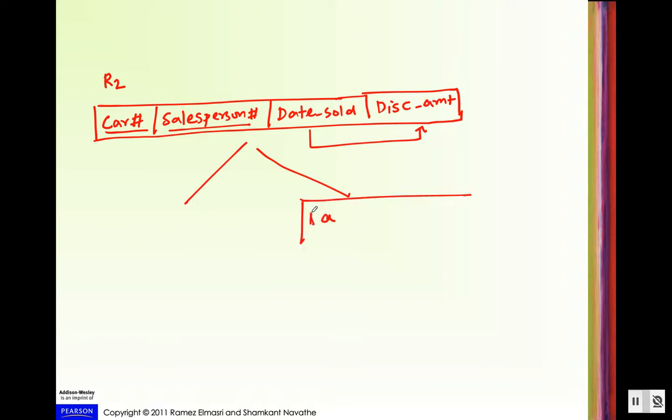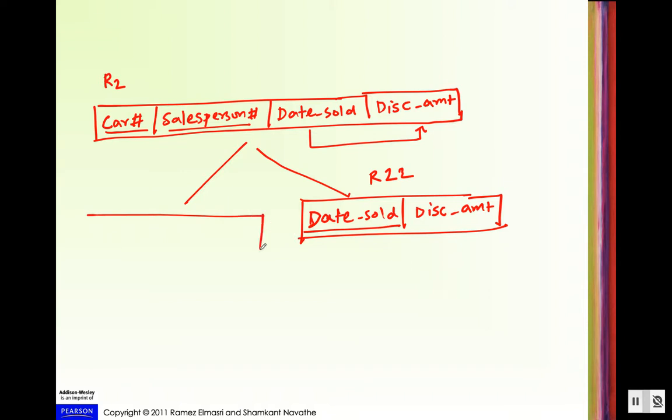So date sold and discount amount will be in a separate relation, and date sold will be the primary key, because this is the one that is determining the value of discount amount. Let's give it the name R22.